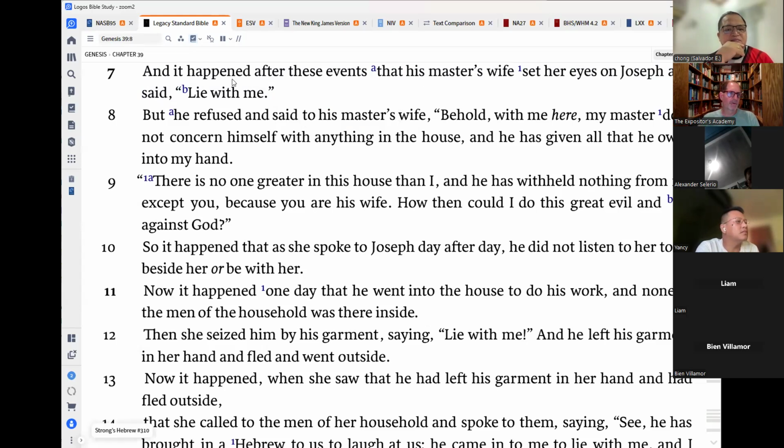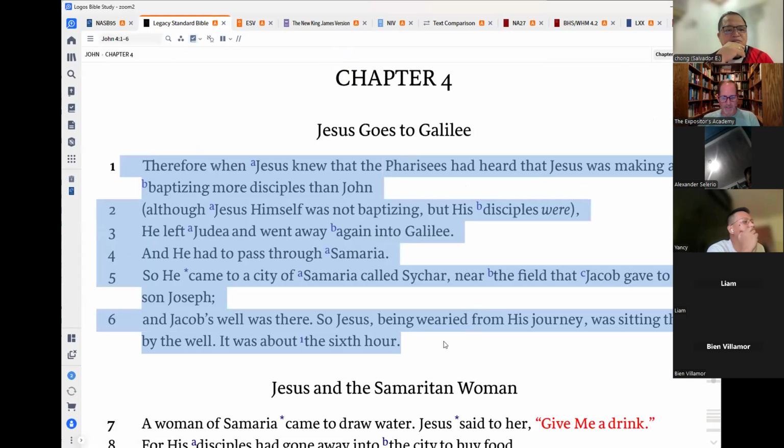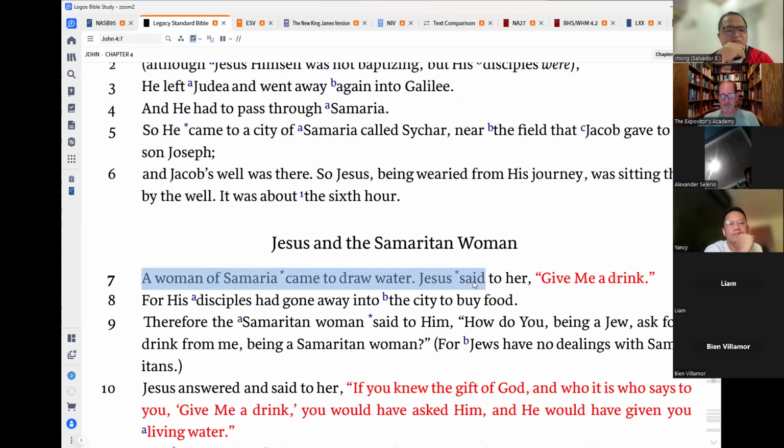This is a common feature. I preached through John 4 when I was there on the last trip, and John does the same thing. Verses 1 to 6 are really an overview, an introduction to the story, which begins in verse 7 when the woman of Samaria came to draw water. And now we have dialogue, we have action taking place.